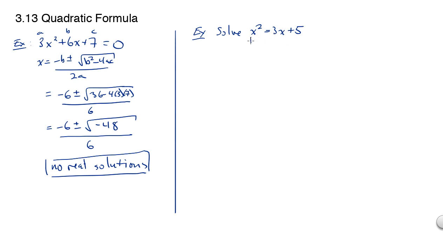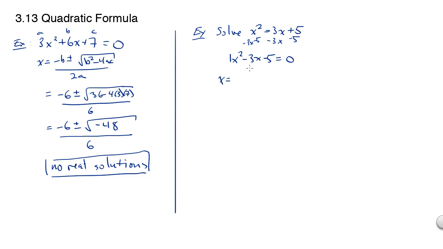I want to keep the coefficient on the x squared term positive, if at all possible. It's just a good habit to be in. So I will subtract 3x from both sides and subtract 5 from both sides as well. So on the right side I'll have 0, on the left side I'll have x squared minus 3x minus 5 equals 0. So a is 1, b is negative 3, c is negative 5.